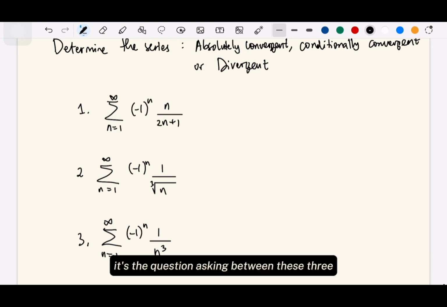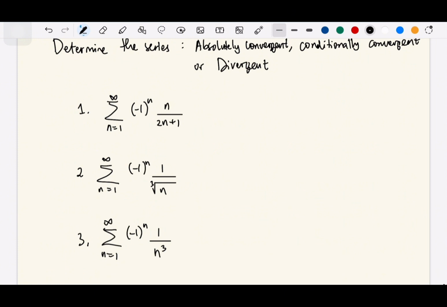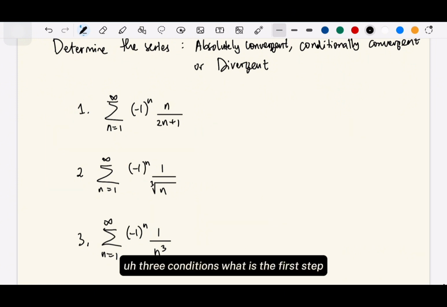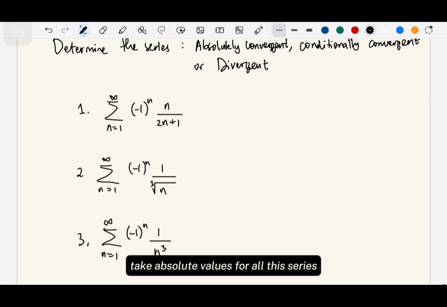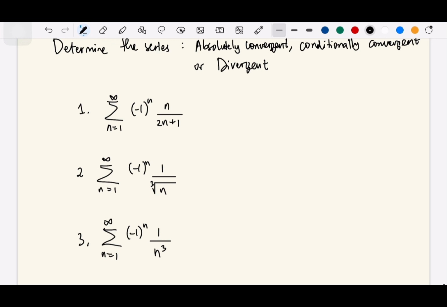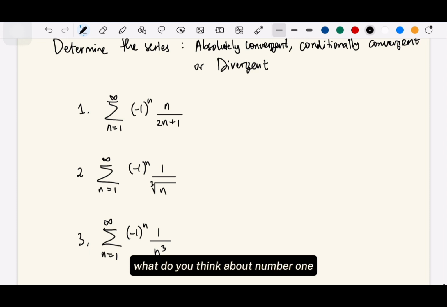If the question is asking between these three conditions, what is the first step? Yeah, take absolute values. Take absolute values for all these series, and then test the series. What do you think about number 1?